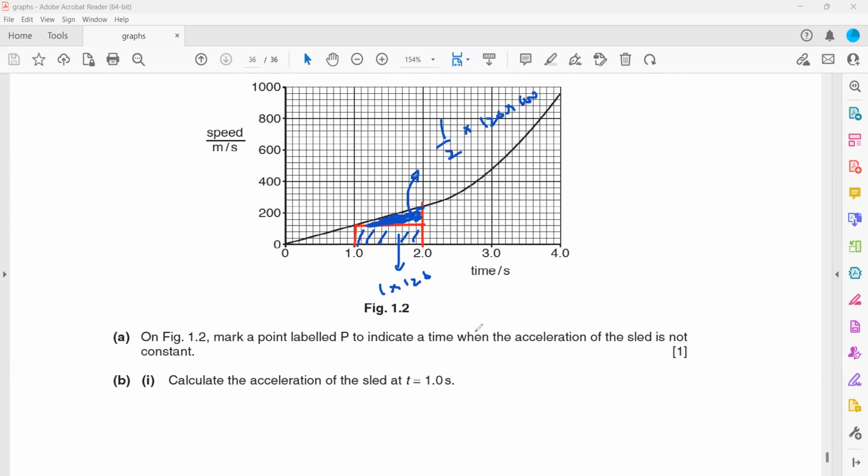So this is 100. Because what we need is the area of this part.